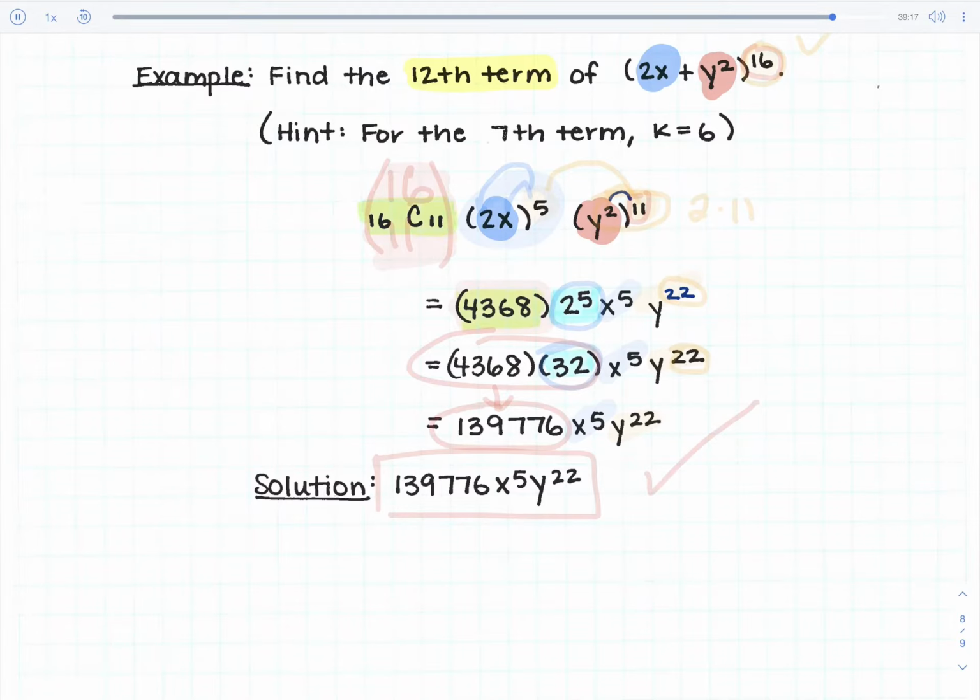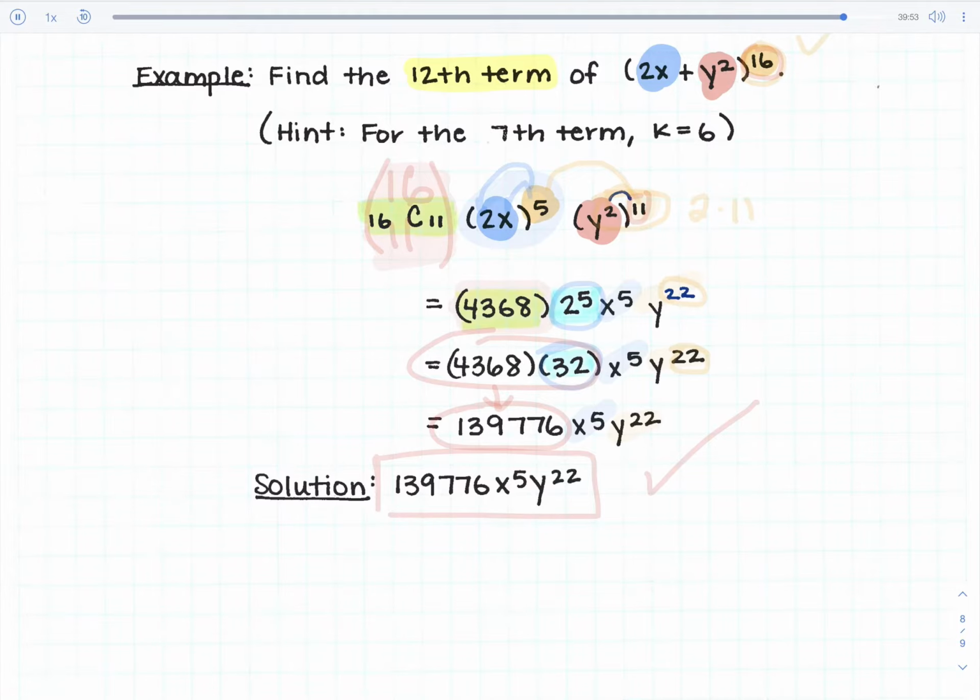So if we had a 16th power, for the 12th term, remember the first term would have been the 16 on the first piece. Then the next one would have worked its way down. The first term would have been 16, then the second term would have been 15, which means by the time I got to the 12th term, I would have been to the 5th power on my first piece.